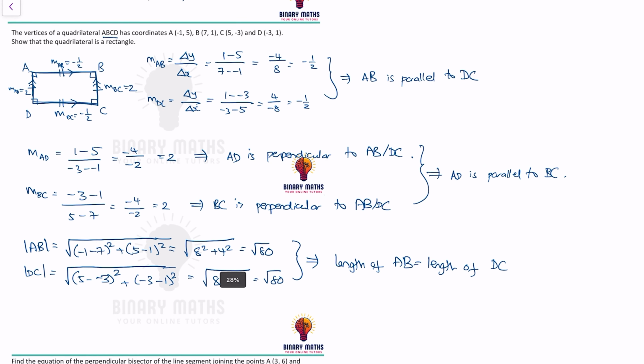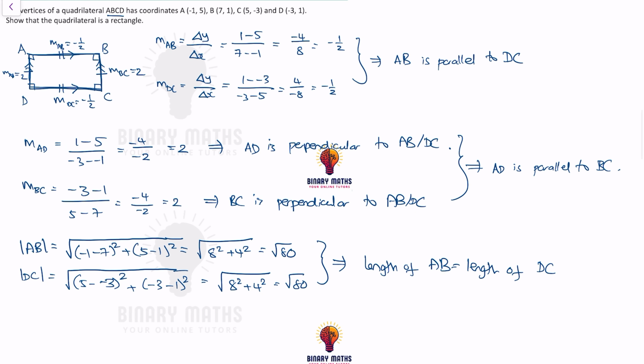Now if I do the same thing with the length of A to D, so using the distance formula, -3 take away 1 squared plus 1 take away 5 squared, I end up getting 2 squared plus 4 squared, which is square root of 20.